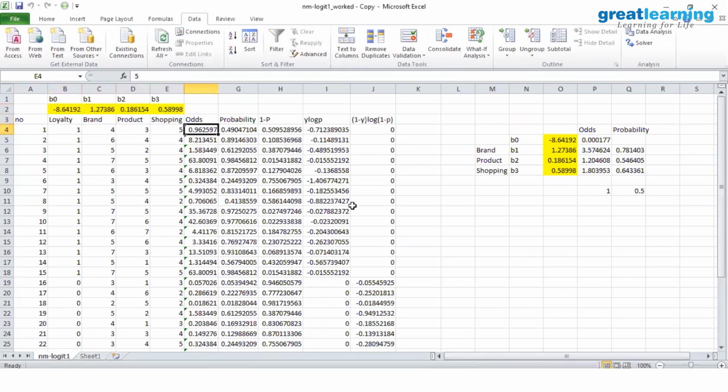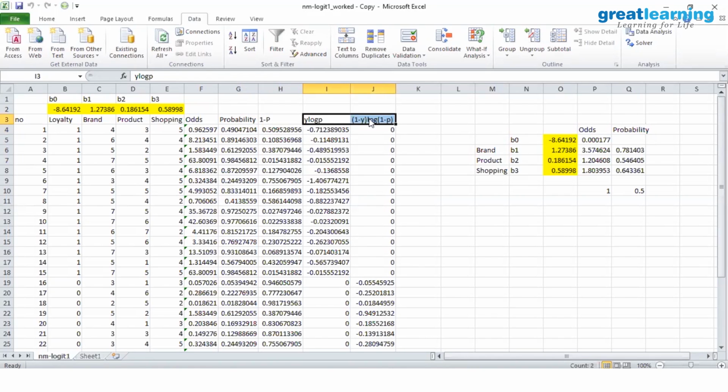So what you have to know is the odds. The formula for the odds is exponential of beta naught plus beta 1 x1 plus beta 2 x2 plus beta 3 x3. And the probability for the same is odds divided by 1 plus odds, and I've given 1 minus probability. This is one important function.